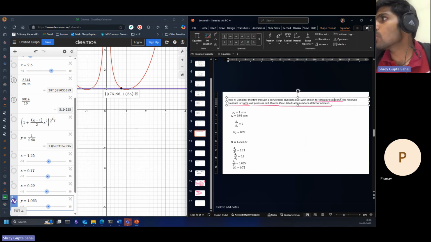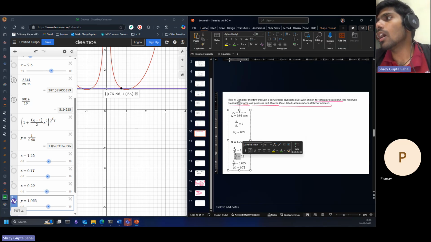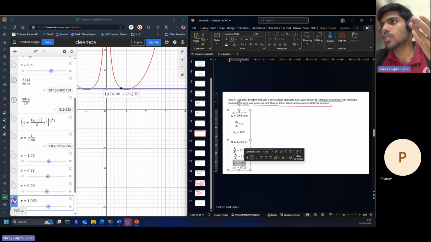We are also told that the throat is half the area at the exit. So we divide by half to get the area ratio corresponding to the throat area.